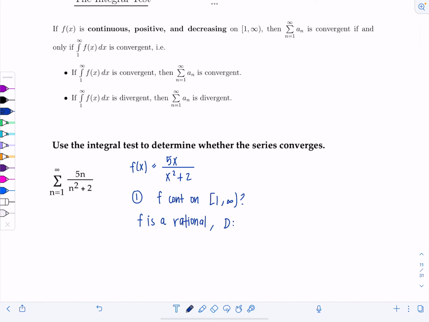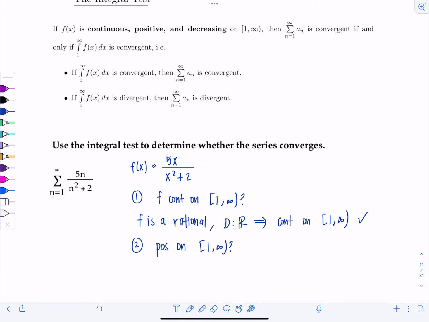And with rational functions, the only thing I'm worried about is that the denominator can't be 0. And x squared plus 2 is never going to be 0. So the domain is all real numbers. So therefore, it's continuous on all real numbers, and it's going to be continuous on the subset from 1 to infinity.